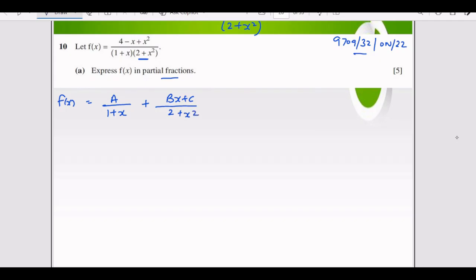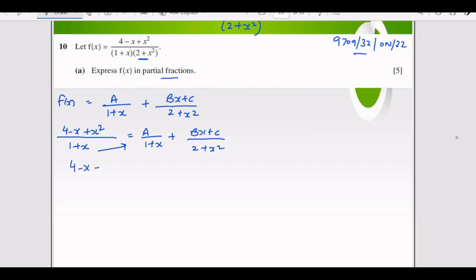f(x) is 4 minus x. We need to write down this, sorry, because we are multiplying. 1 plus x is equal to a over 1 plus x and plus bx plus c over 2 plus x squared. Now again you cross multiply the denominator, you multiply throughout by 1 plus x, 2 plus x squared.